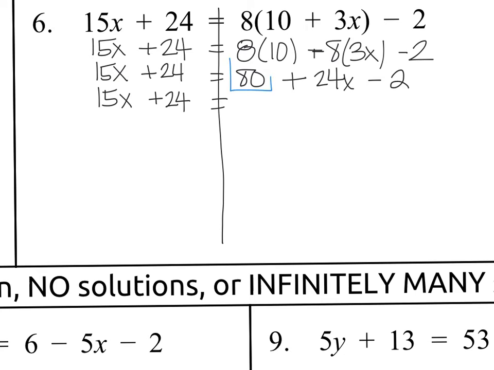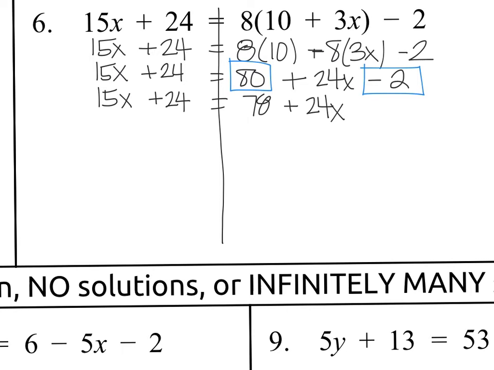I have 80 and I have minus 2, so you need to combine like terms. That is going to be 78 plus 24x.